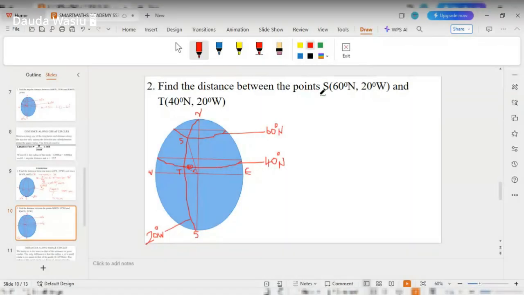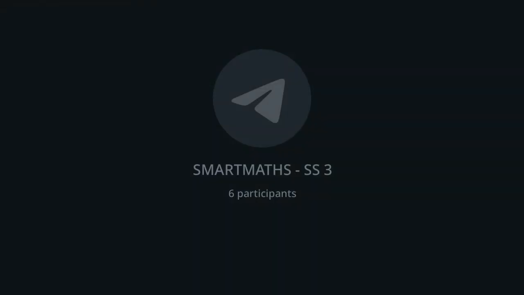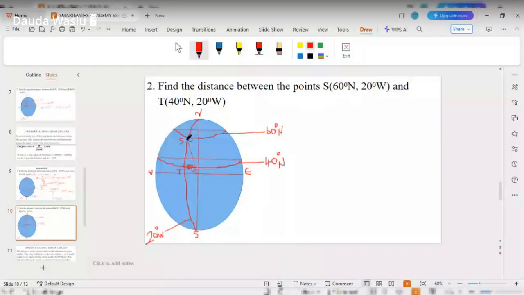Now, you can see S and T is along the vertical axis. So it's vertical, not horizontal. So which is distance along the what? Great circle. So theta equals, we are going to get our angular difference from the latitude, this 60 and 40.